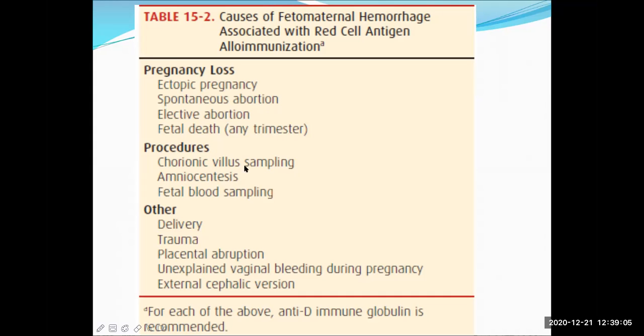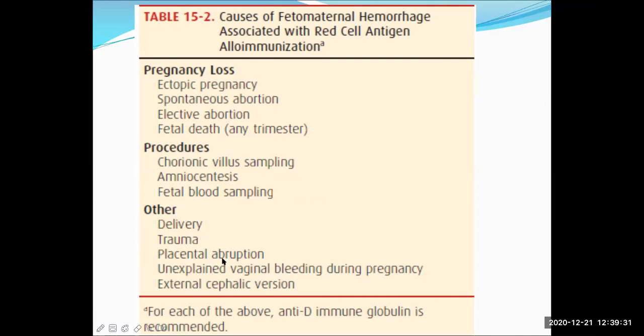Procedures like chorionic villus sampling, CVS we say, are done in the first trimester usually to diagnose any conditions inside the uterus. Amniocentesis and fetal blood sampling, which is called percutaneous umbilical blood sampling. And the other would be normal delivery, the most common way actually of mixing fetal RBC with maternal circulation.